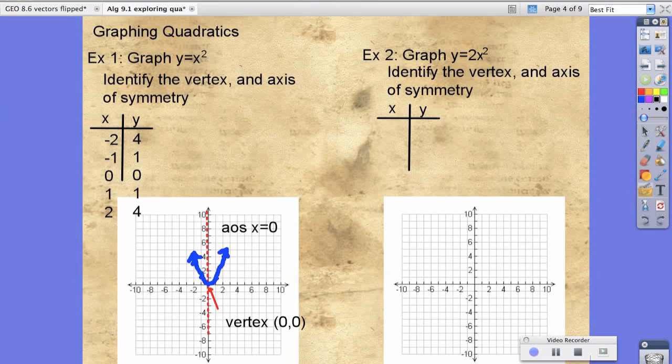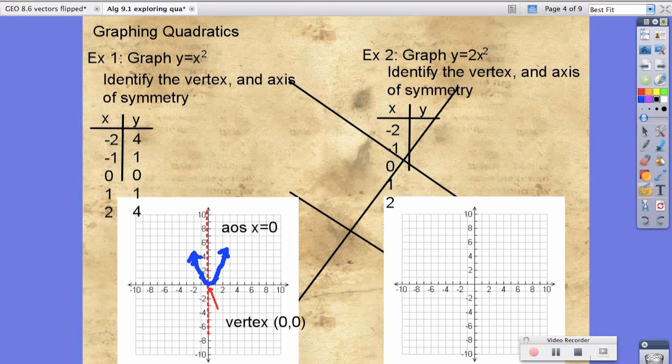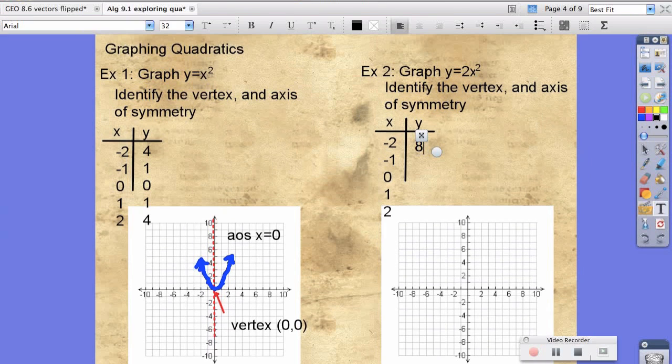So the same thing for 2x squared. We're going to pick some values. We'll say -2, -1, 0, 1, and 2. So when we do this, -2 squared is 4, times 2 is 8. -1 squared is 1, times 2 is 2.